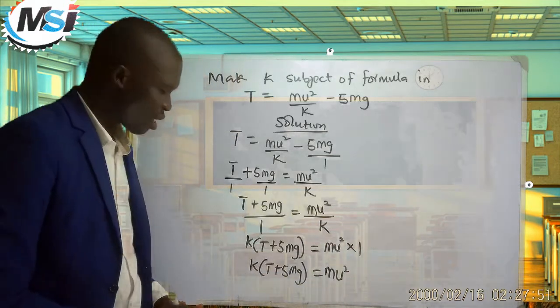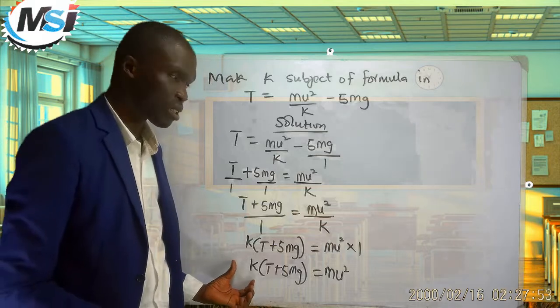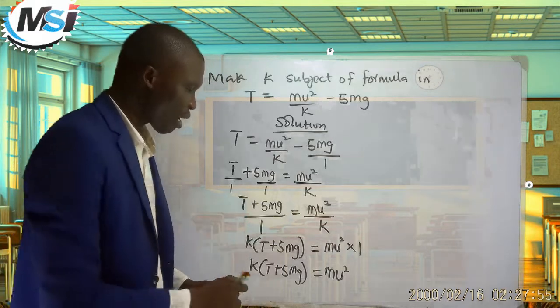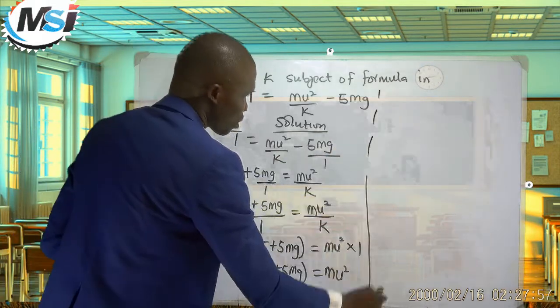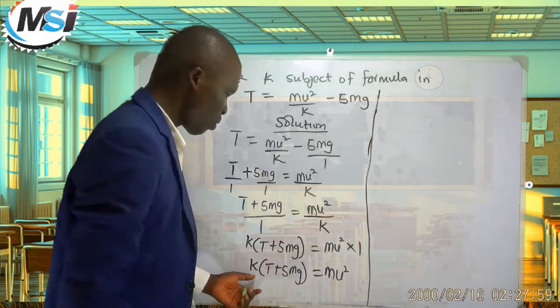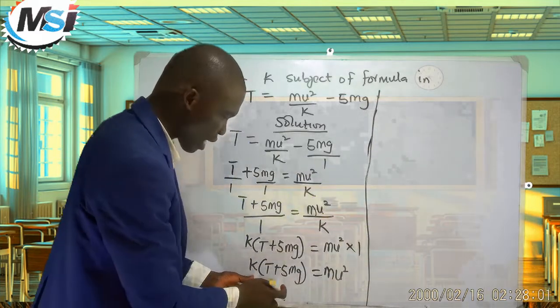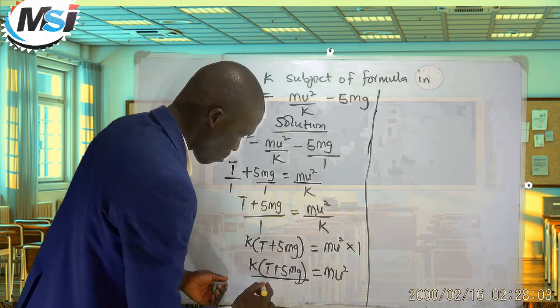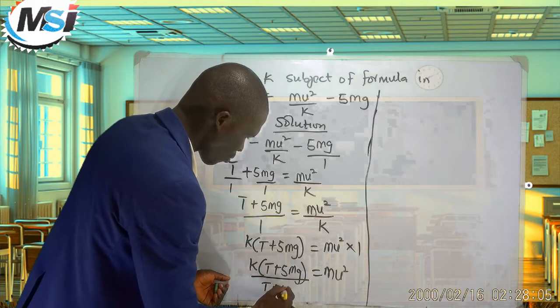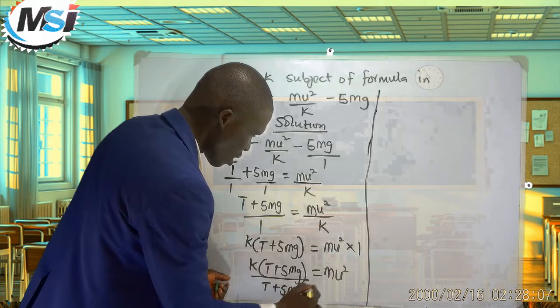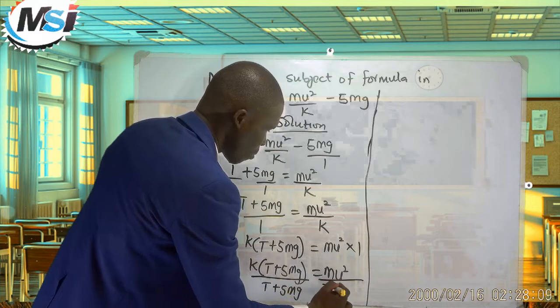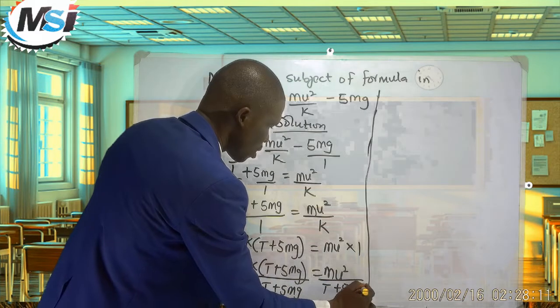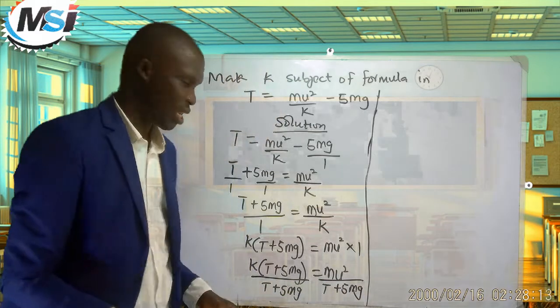Now remember, we are making k the subject of the formula. So what are we going to do? Let me manage my space here. We divide both sides by T plus 5mg. I believe you understand that, right?